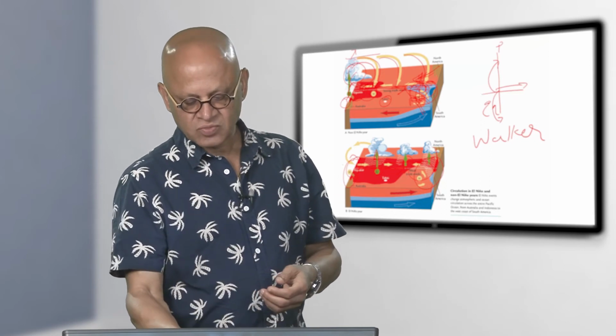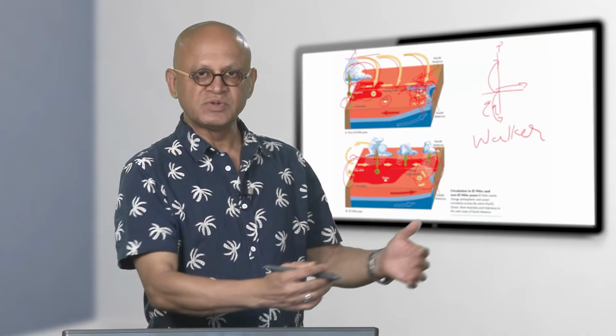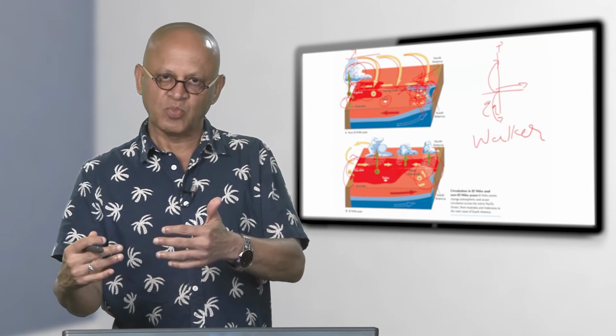Okay. So the other thing you have to remember is that if the winds get weaker, the upwelling is reduced, the temperatures get warmer because you are bringing up less cold water, which means the pressure here begins to drop, pressure here begins to increase because it's cooling, which means you begin to reduce this temperature gradient, which means you further reduce the upwelling.